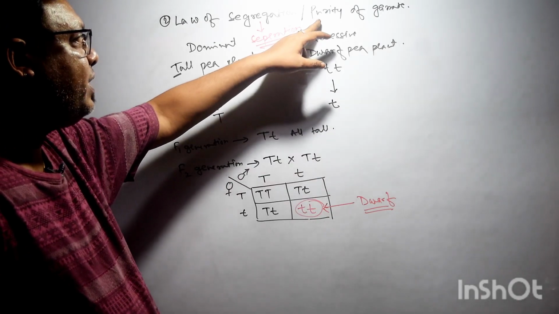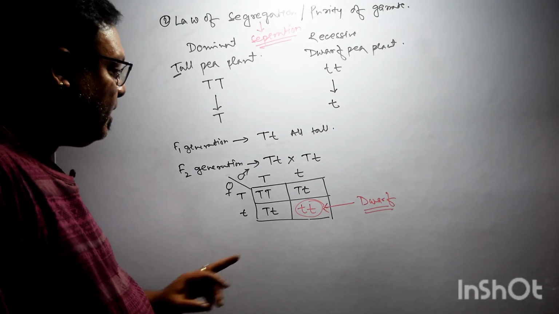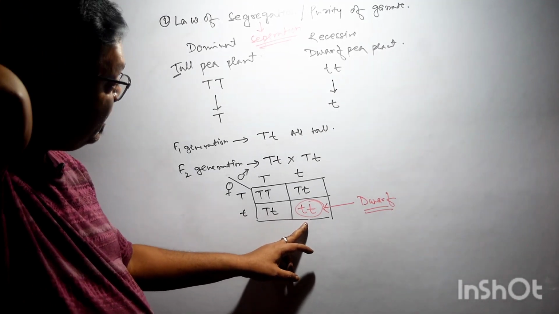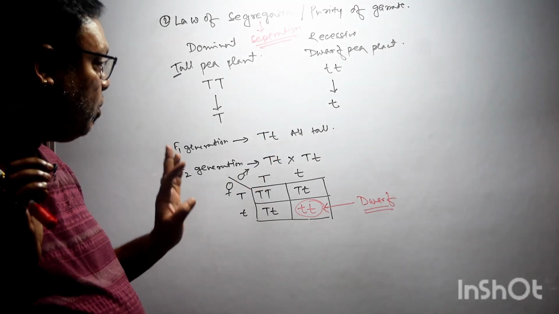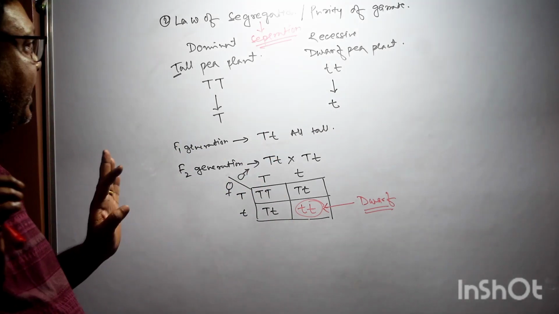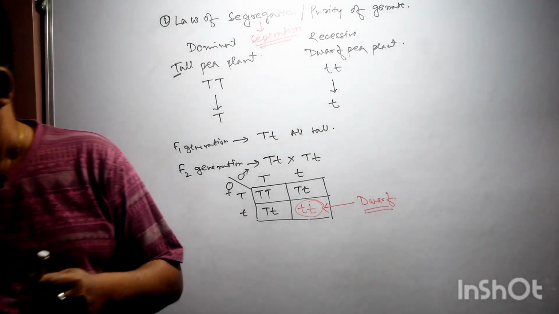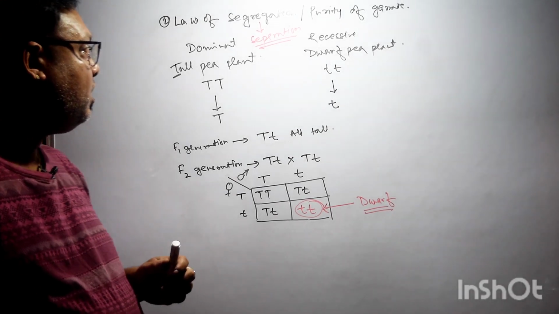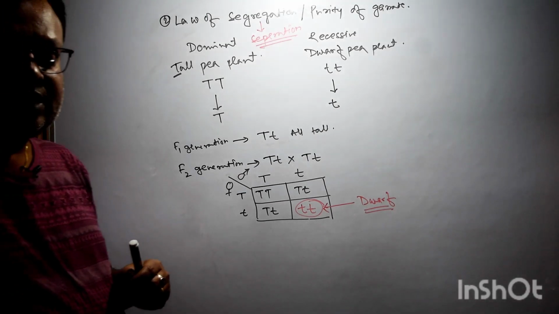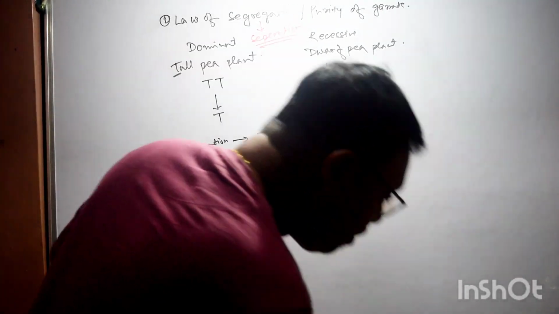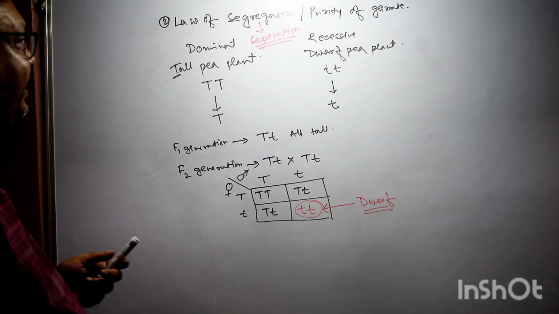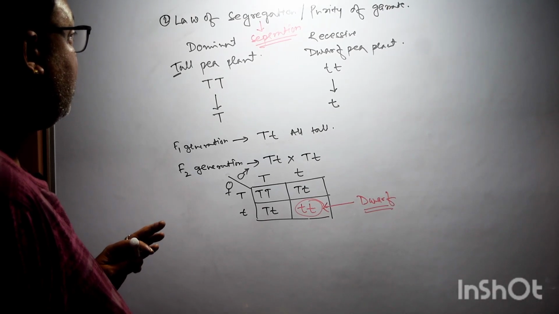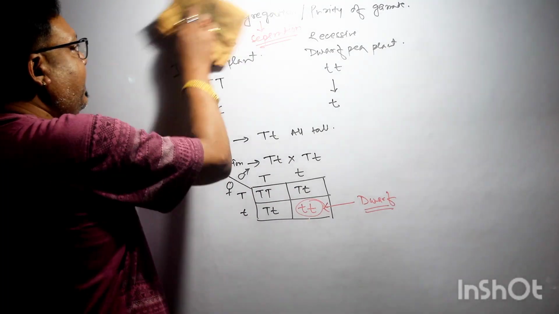That's why it is also known as purity of gamete, as it maintains its own characters whether it is with capital T or not. Okay, this is the second law of Mendel, law of segregation, that does not have any exceptions in nature, or still we have not found any exceptions of this law. That's why it is known as the universal law of Mendel.